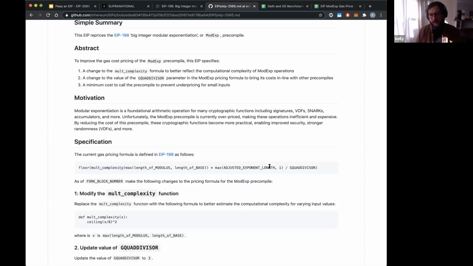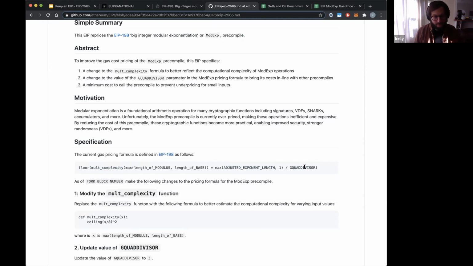It has this adjusted exponent length variable, which determines how many multiplications you have to do. And then it's got what they call the G-quad divisor, which is really just a way to normalize that with the rest of the other gas prices.